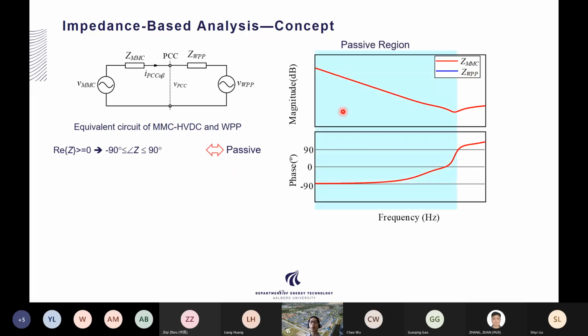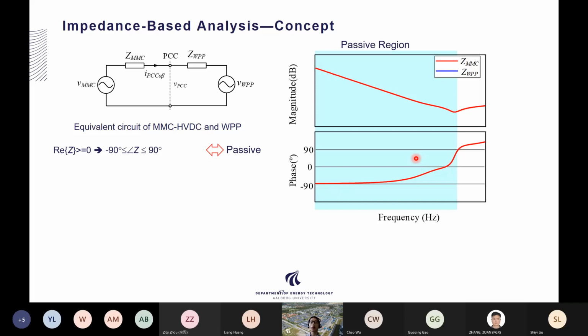For example, in the impedance profile shown here, we can see that in this frequency range highlighted in blue, the phase angle of the MMC is within 90 degrees and minus 90 degrees.